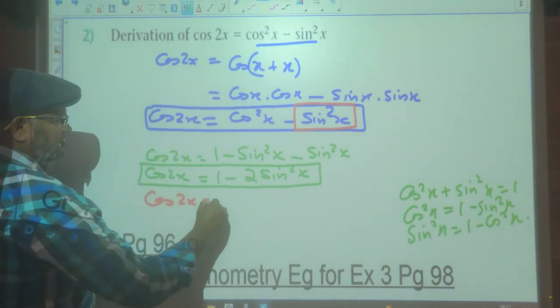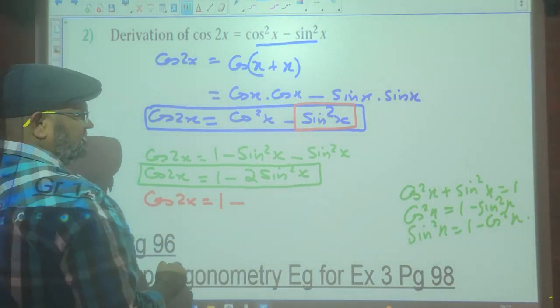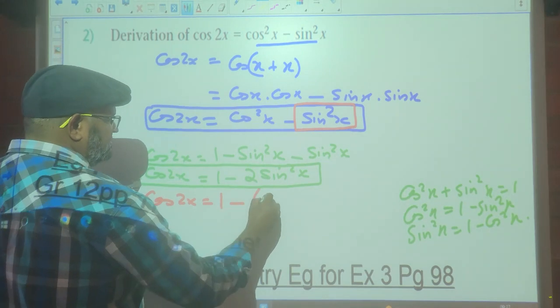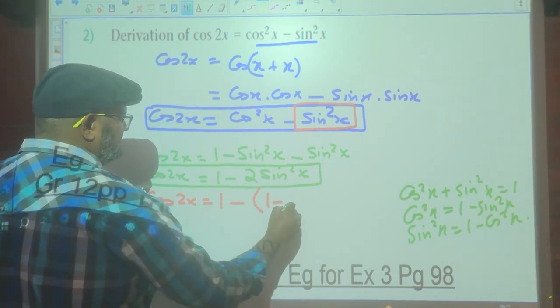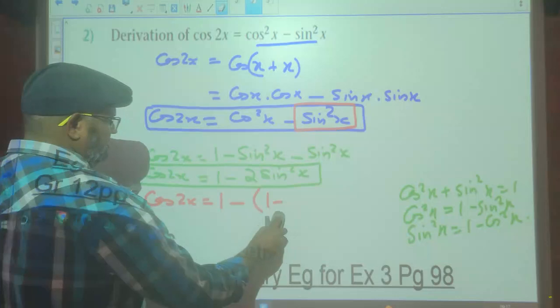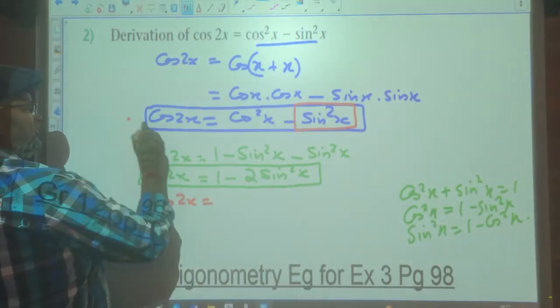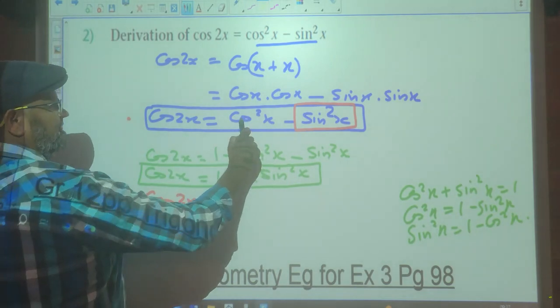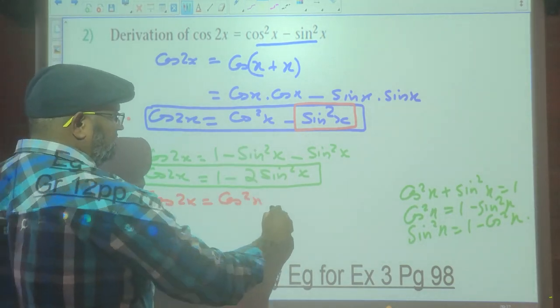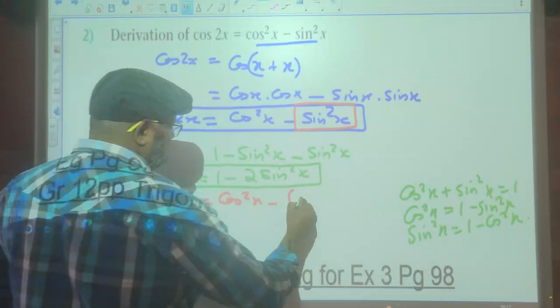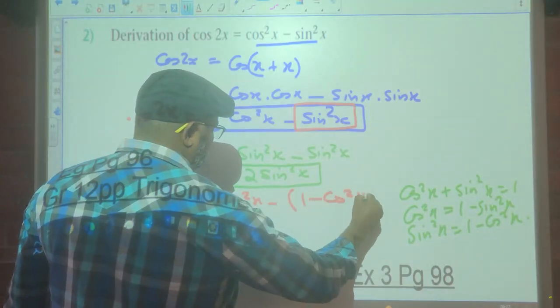So cos 2x is equal to 1 minus, no, sorry, my mistake. I'm going with this formula. So cos 2x is equal to cos squared x minus, in brackets, 1 minus cos squared x.